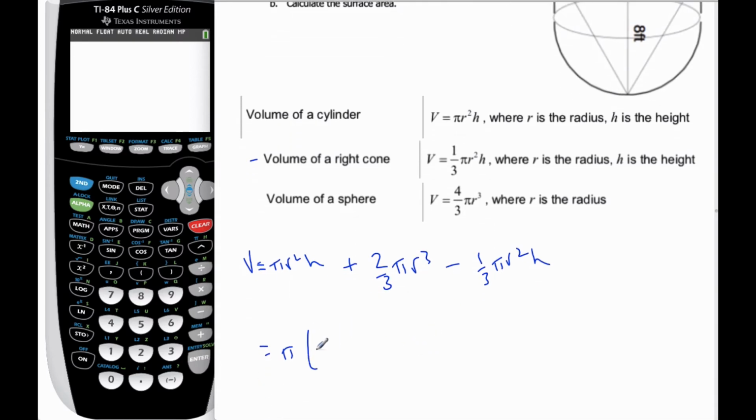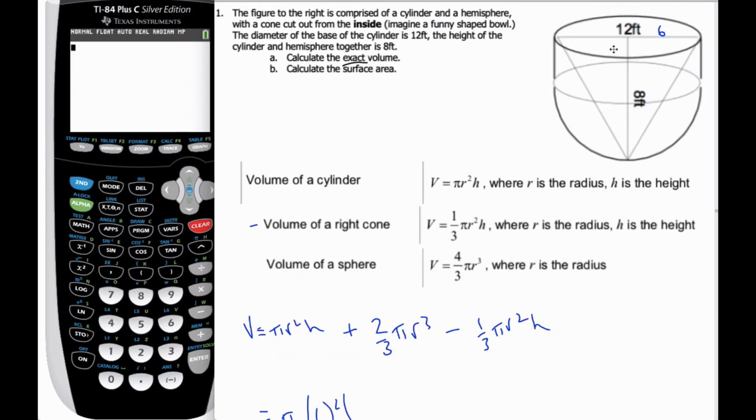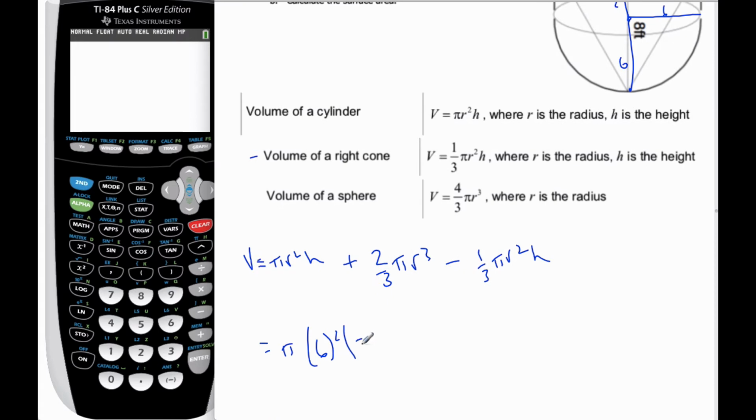So we have 6 squared times the height of the cylinder. Now the height of the cone here is 8. I know that the radiuses are 6. So this is 6, but this here also has to be 6, and so this height here is 2. So the height of the cylinder is 2.